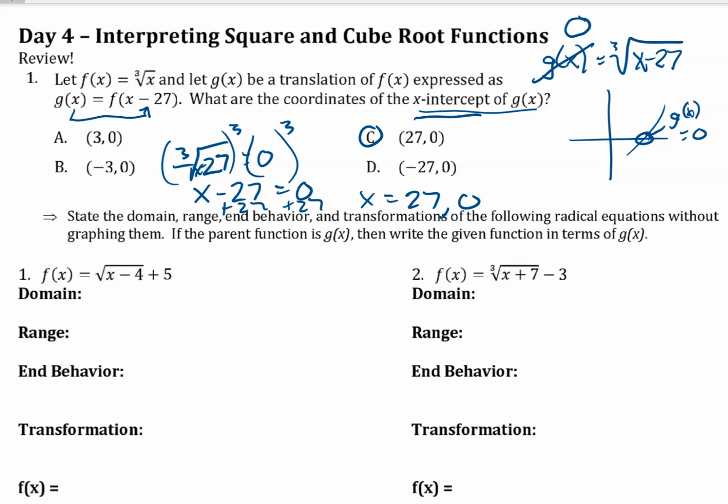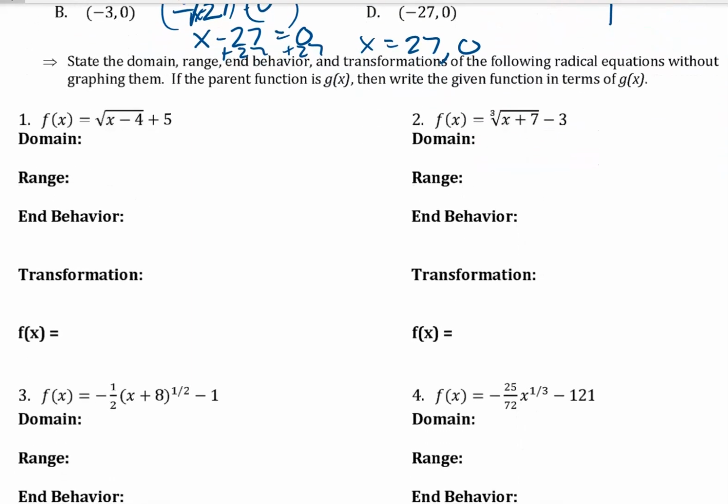Now we're going to move on to today's lesson. We're going to state the domain, range, and behavior and transformation of the following radical equations without graphing them. So if the parent function is g of x, then we're going to rewrite the given function in terms of g of x.